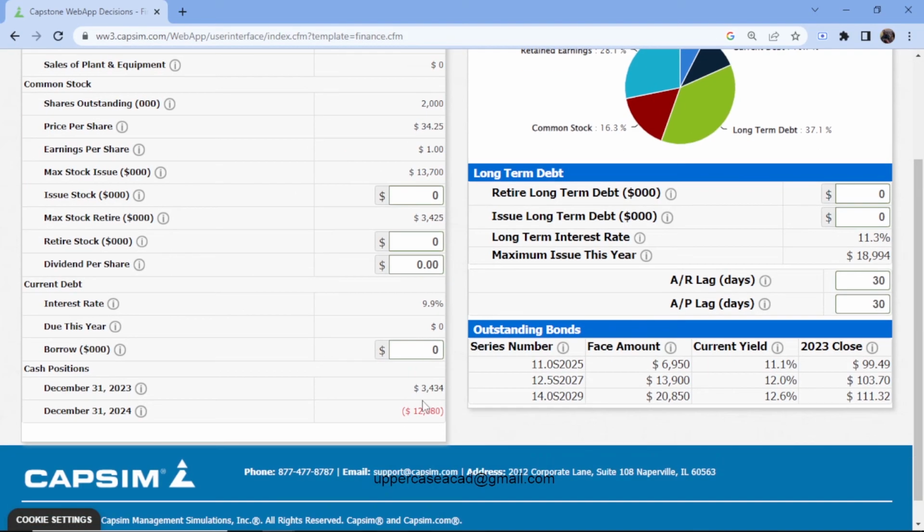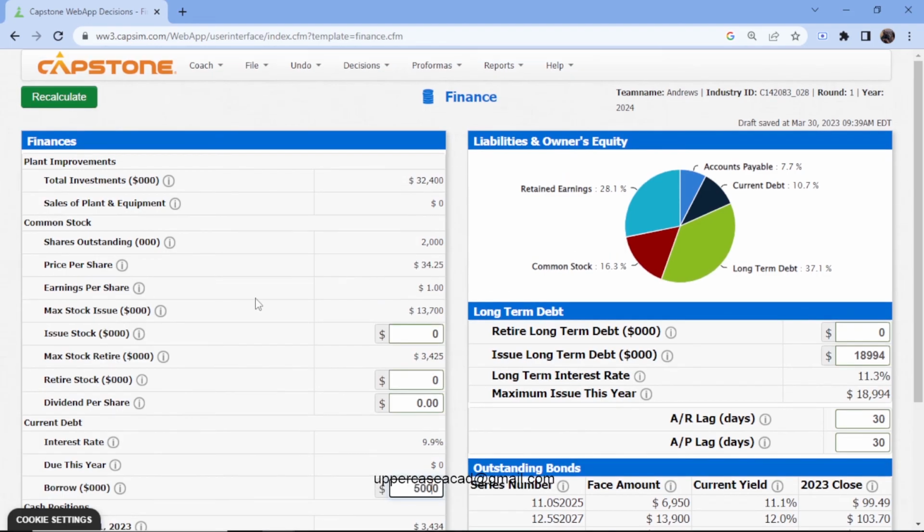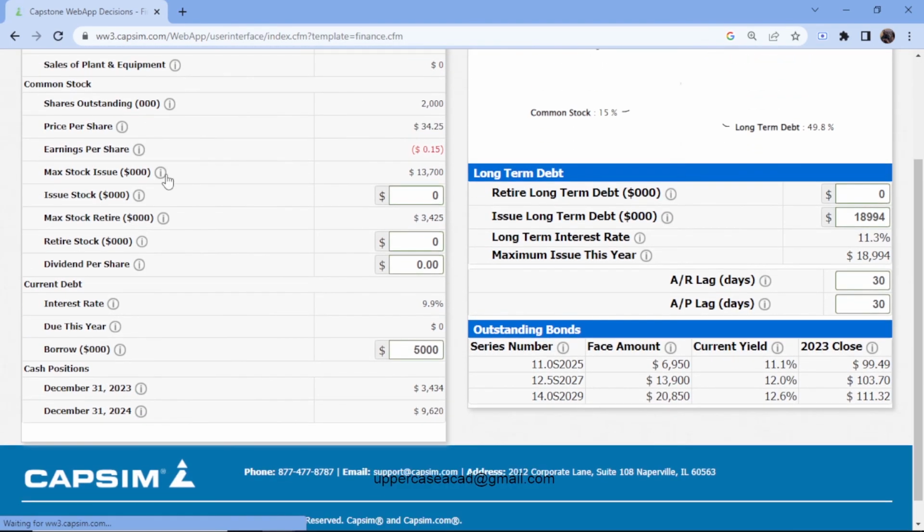For the finance section, you can see that I'm having a deficit here. So let me just invest the maximum. I'll take 1,884. Then for current debt, I'll take 5,000. So that's 9,000.